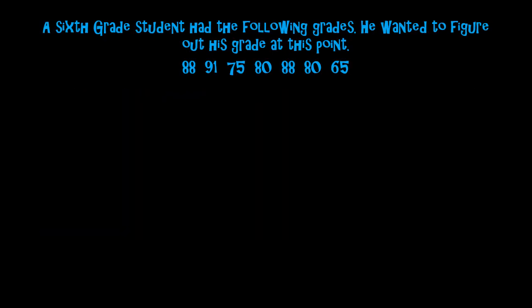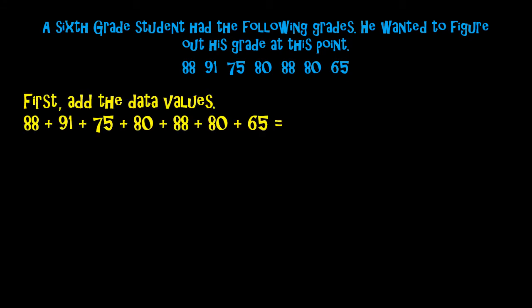A sixth grade student had the following grades. He wanted to figure out his grade at this point. First, add the data values. 88 plus 91 plus 75 plus 80 plus 88 plus 80 plus 65. We get 567.